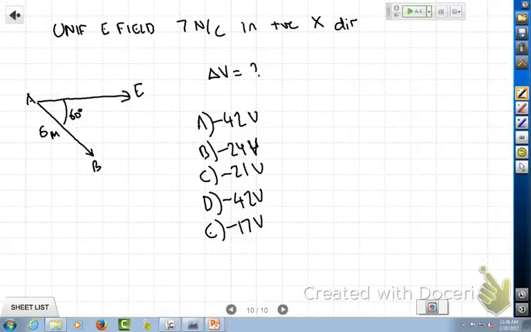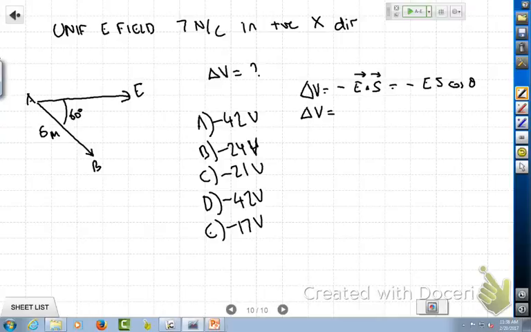It's just basically, we can turn around and say that delta V is equal to minus E dotted with S, which equals minus E times S times the cosine of the angle between.